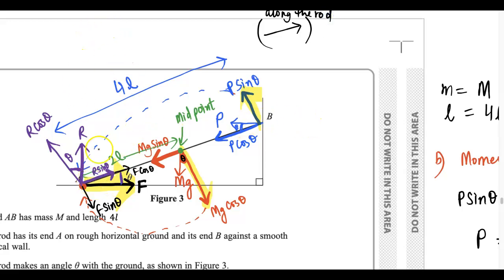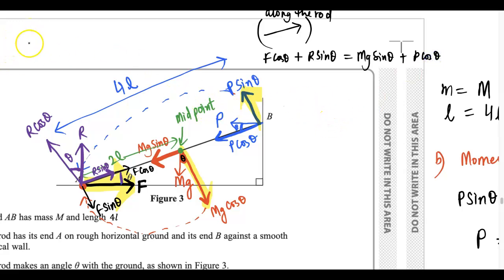We have to focus on all the forces which are going this way or that way, not up or down, just along the rod. So we can see R sine theta and F cos theta are in the same direction. The sum of these two is going to be equal to mg sine theta plus P cos theta.